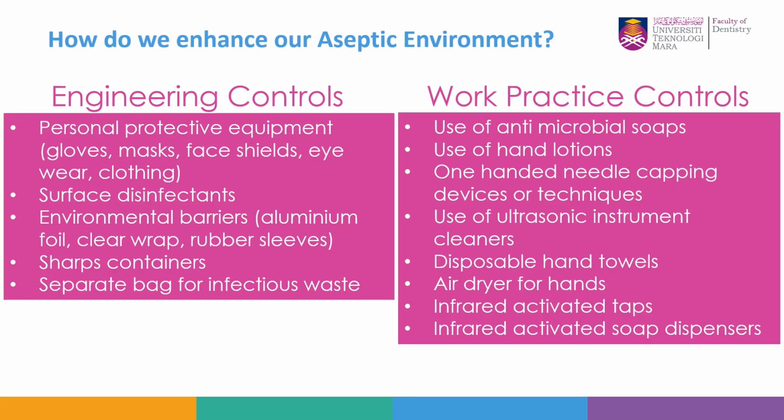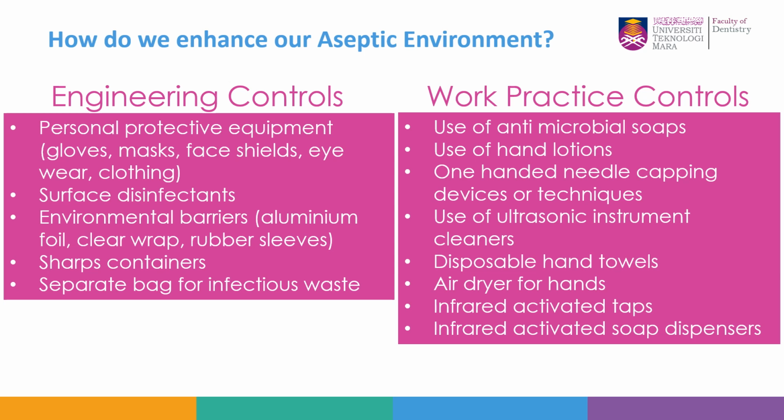Right. So the question now is, how do we enhance or achieve our aseptic environment, right? No presence of micro pathogens, okay? So for the engineering controls, we need to have PPEs, surface disinfectants, we have covered this before, environmental barriers, which is aluminum foil, clear wrap, rubber sleeves.